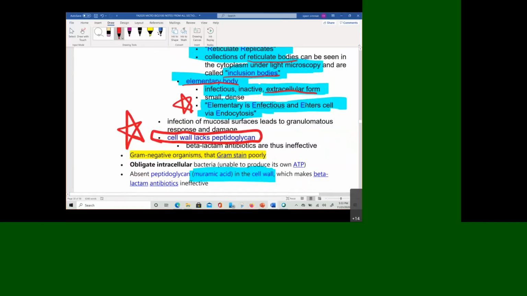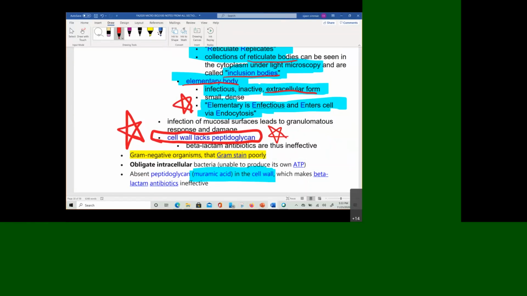Remember, chlamydia is an atypical bacteria because the cell wall lacks peptidoglycan, which means penicillin and beta-lactam antibiotics are ineffective. Also, because the cell wall lacks peptidoglycan, we can't stain it that well.